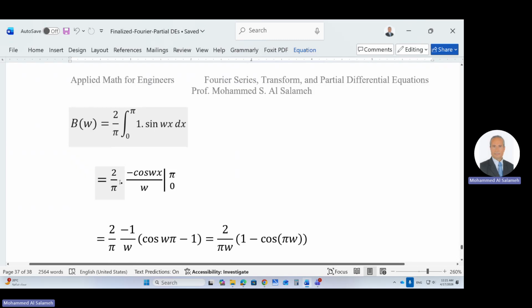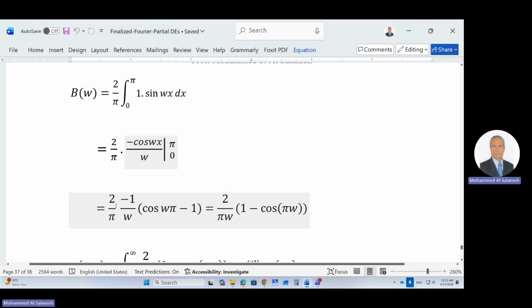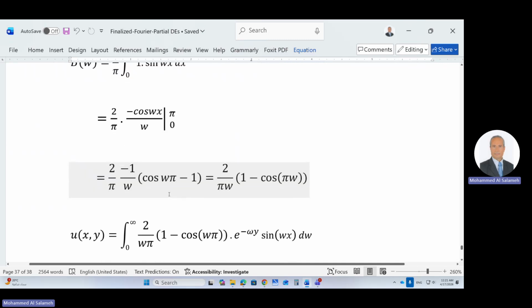Integration of sine is minus cosine over omega from 0 to pi. So 2 over pi, minus 1 over omega, times cosine omega pi minus cosine 0. So it is 2 over omega pi, and insert the minus 1 here, it will be 1 minus cosine pi omega.